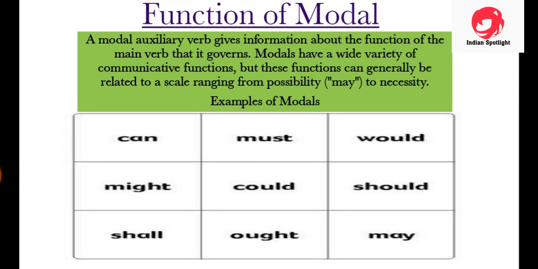Then, what are the modals in English? Primarily, in this video, we will focus on the main modals that are widely used in English sentences. These are: can, will, might, shall, must, could, ought, would, should, may.